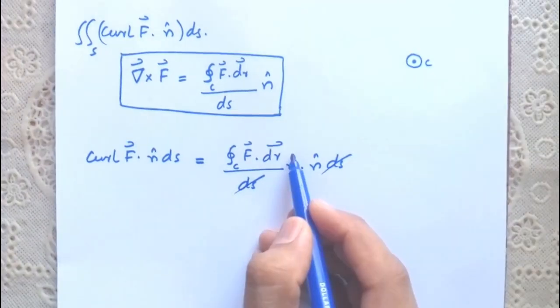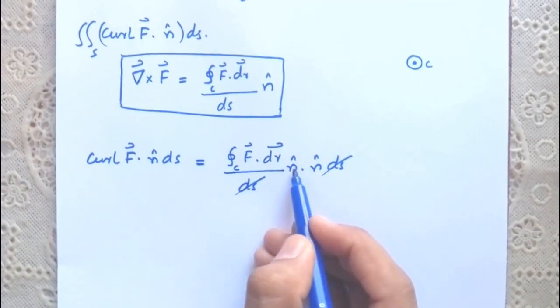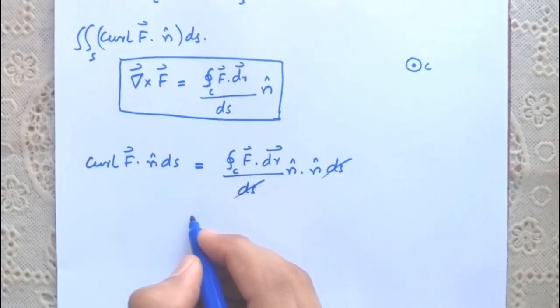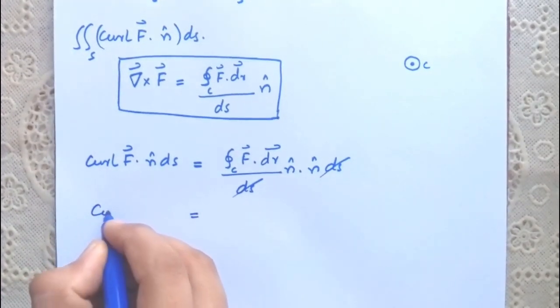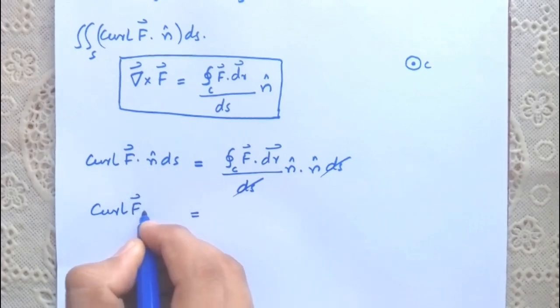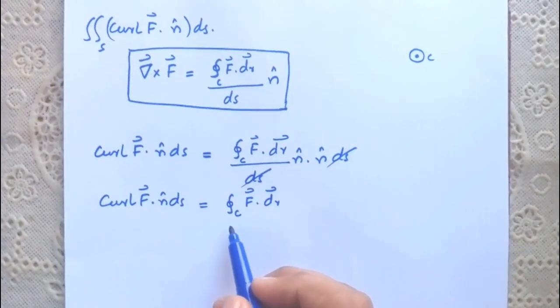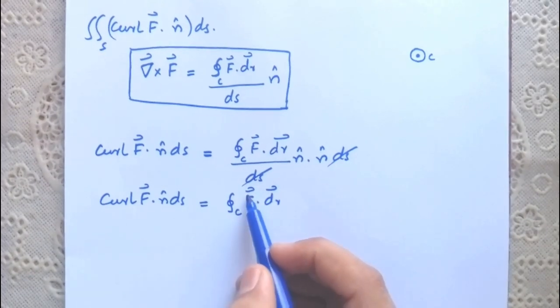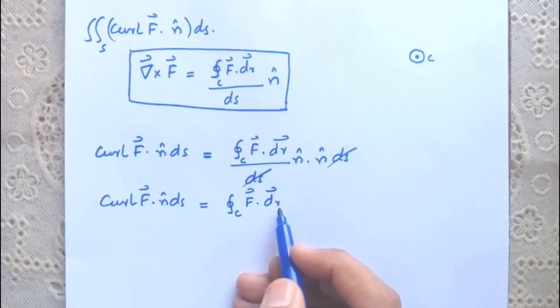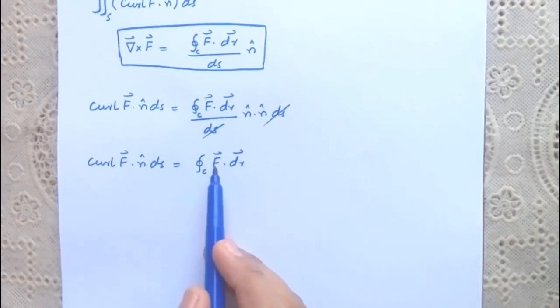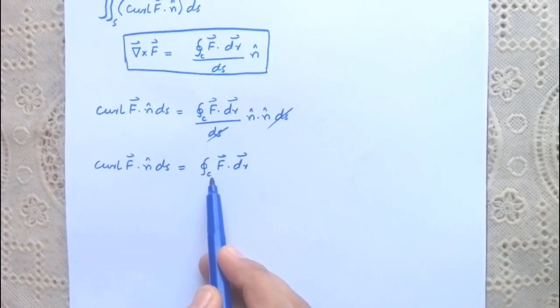So dot product of two unit vectors in the same direction is equal to 1. So curl of vector field F dot n cap dS is equal to the line integral over a closed curve C of a vector field F dot dr, right? And it is the line integral of a vector field F at a point over the closed curve around that point, right?